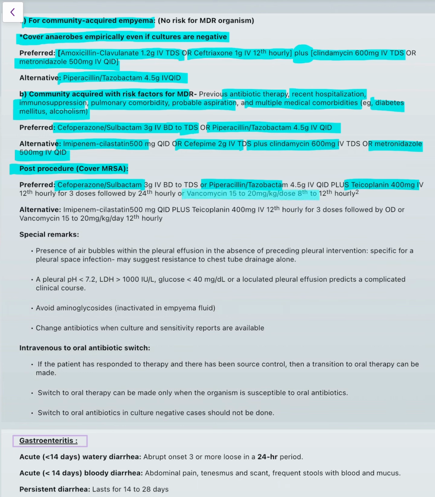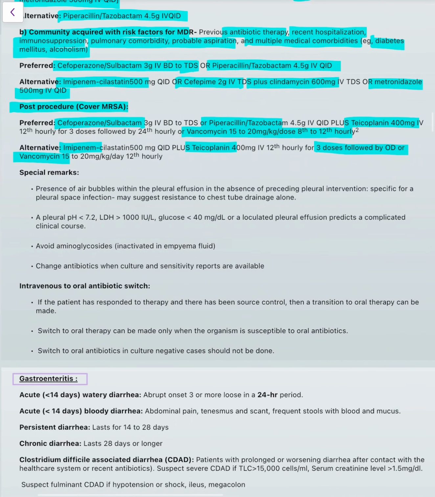The dose is 15 to 20 mg per kg per dose, every 8 to 12 hours. Alternative is imipenem with teicoplanin for 3 doses followed by OD, or vancomycin.